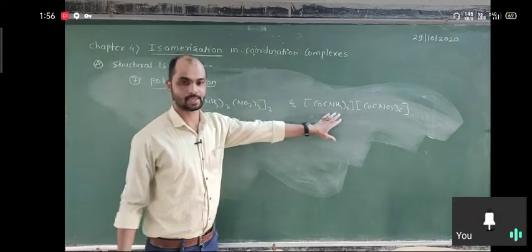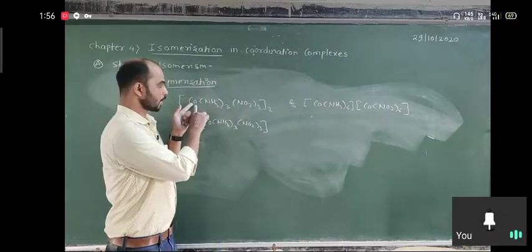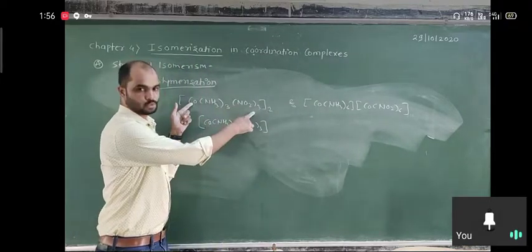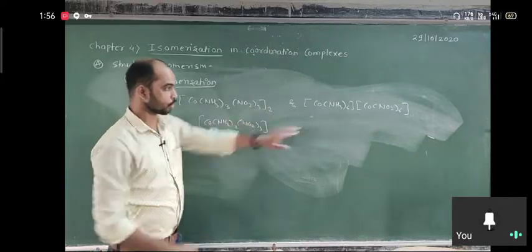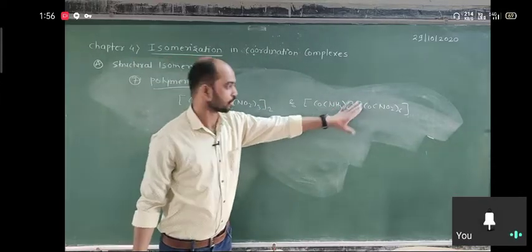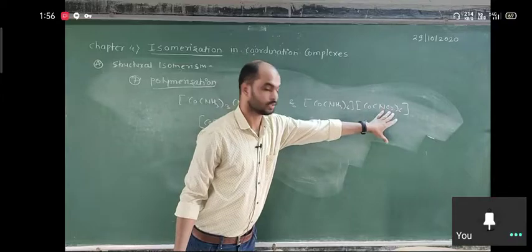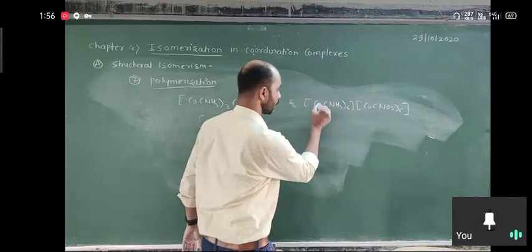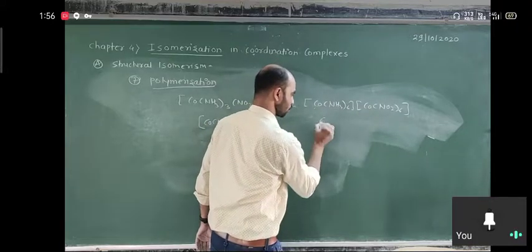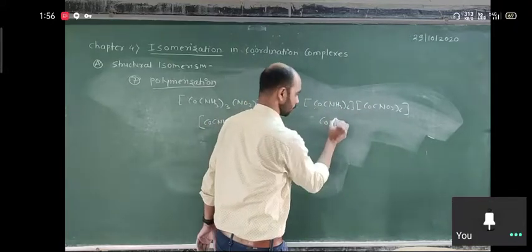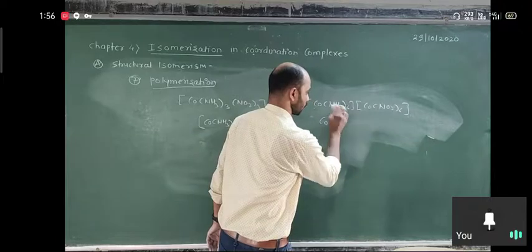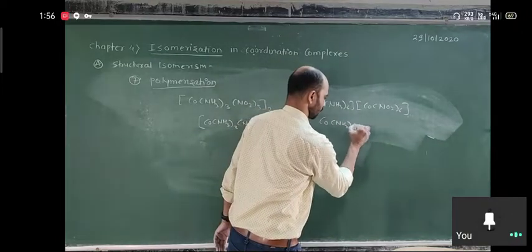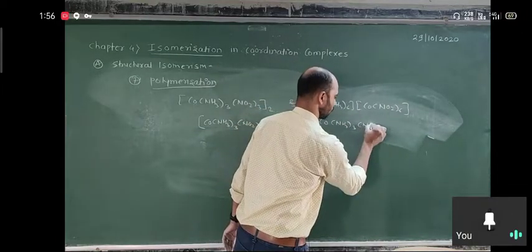But in the second case, here one cobalt has 6 NH3 and another cobalt has 6 NO2. Overall, if we consider the empirical formula, both are cobalt, so each cobalt contains 3 NH3 and 3 NO2.